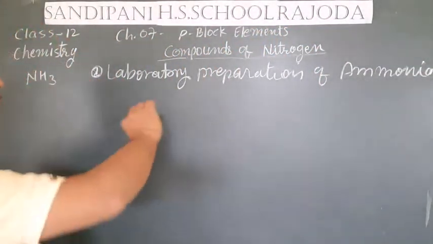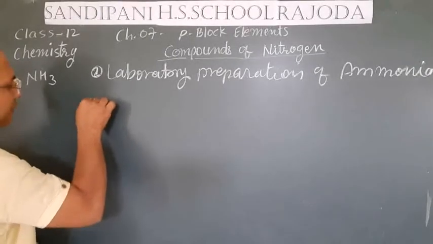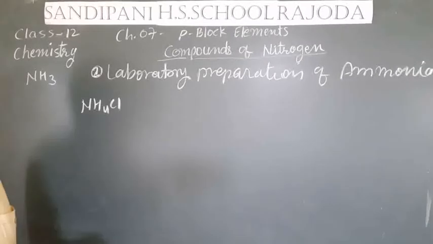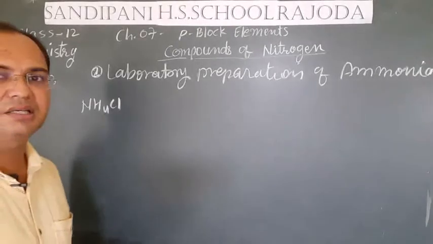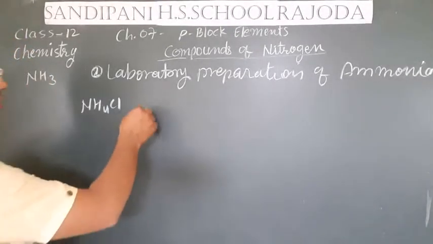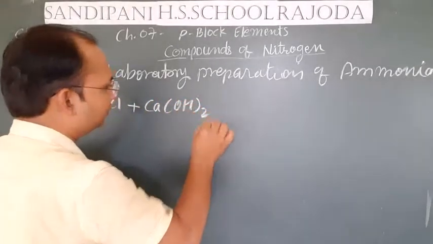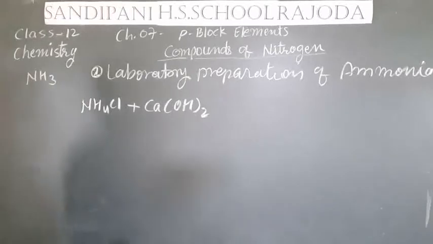In this case, students, we have to react the ammonium chloride, or salt of the ammonia, with alkalis like calcium hydroxide. So we react Ca(OH)2, that is calcium hydroxide.